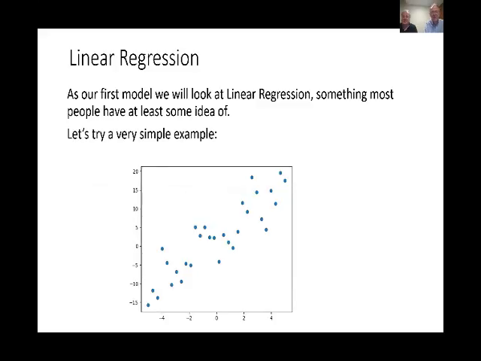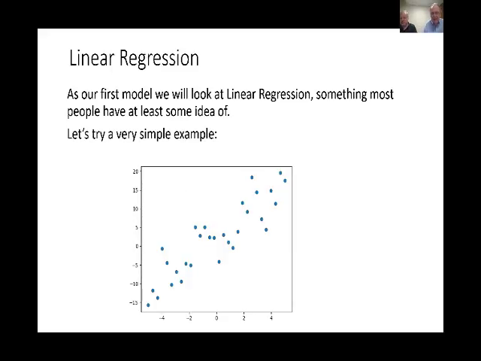So we'll start very simply and look at the model which is known as linear regression, and I think most of you have at least some idea of what this is. Let's look at some data points here.